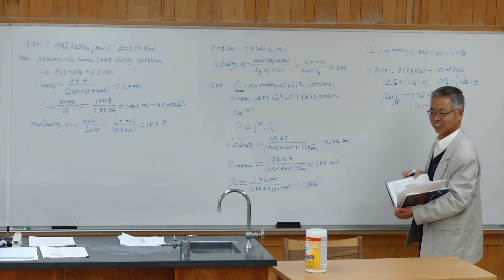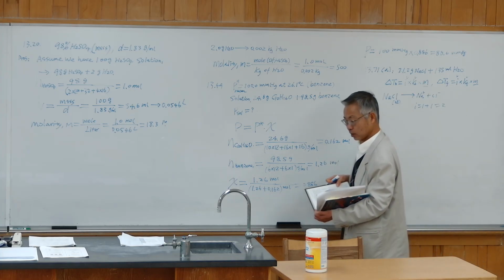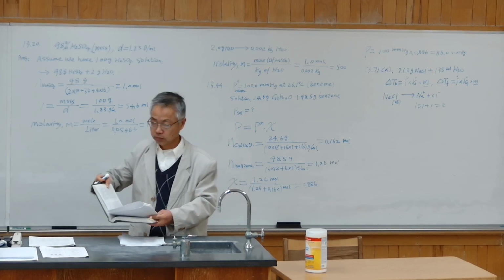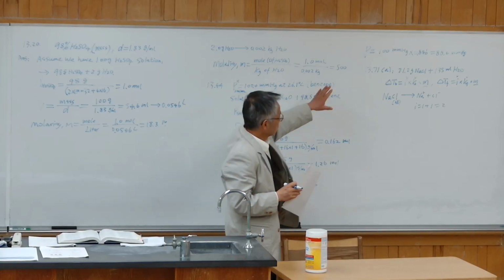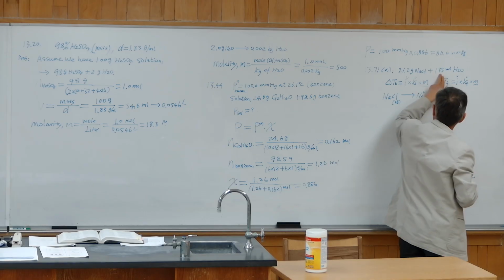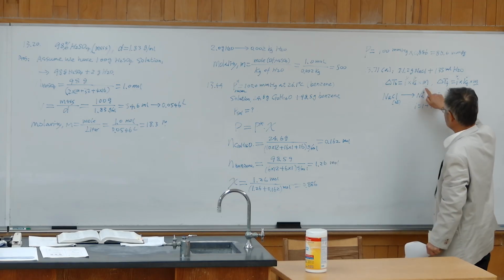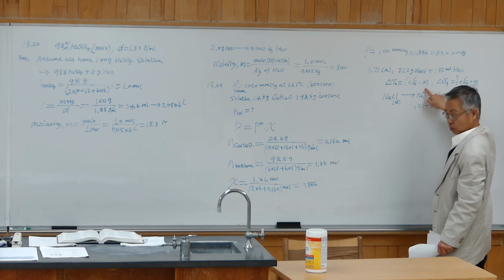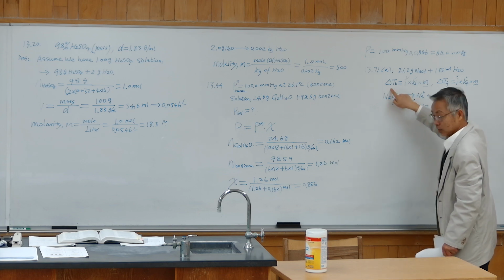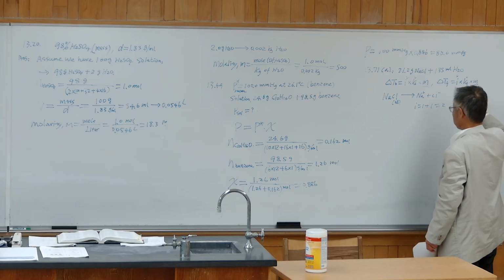The solution's boiling point is higher. So here we have 21.2 gram sodium chloride dissolved in 135 milliliter water. What you need to do is figure out the molality. Then we can calculate delta TB, convert to TB, calculate delta TF, convert to TF.